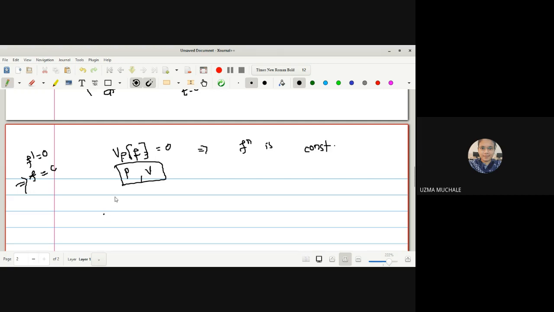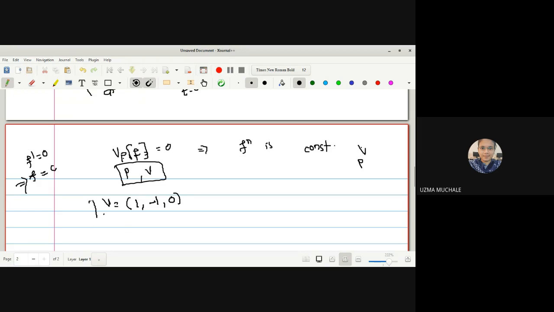Now everyone, if you have solved this example, I will change the value of v, because if I change v, we have to see what the effect is. Just now we got the directional derivative as 0 in the direction of v at point p, which means your function is constant in the direction of v at p. But suppose I change the value of v to (1, -1, 0).